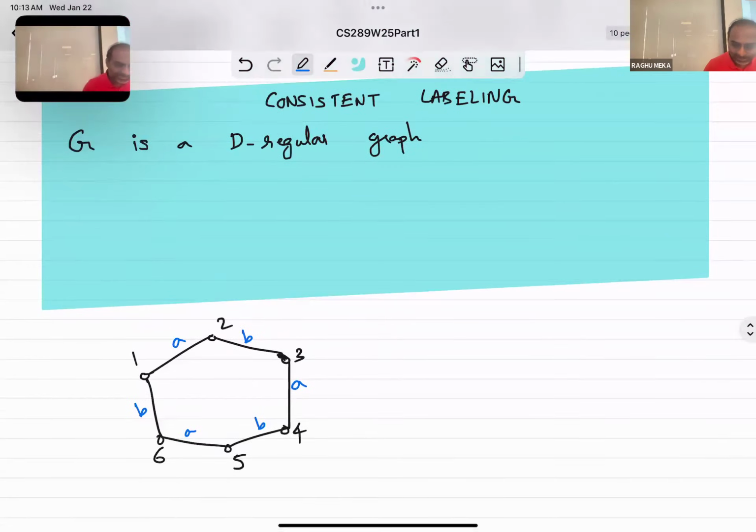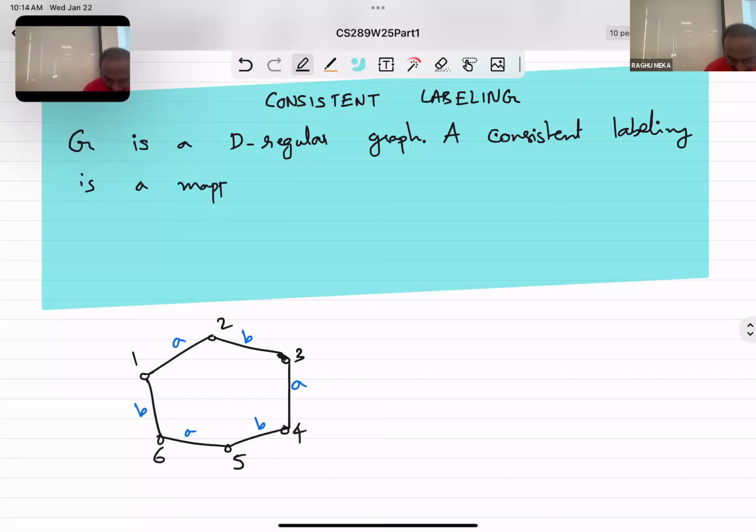So a consistent labeling is a mapping L from edges to the degree of the graph.